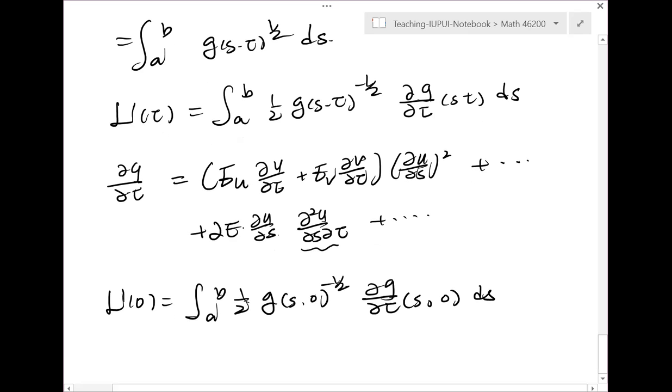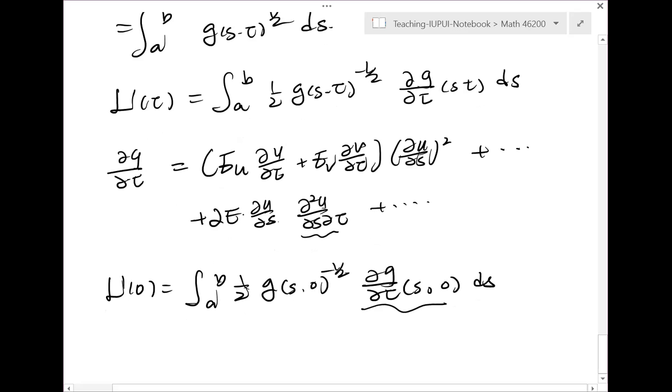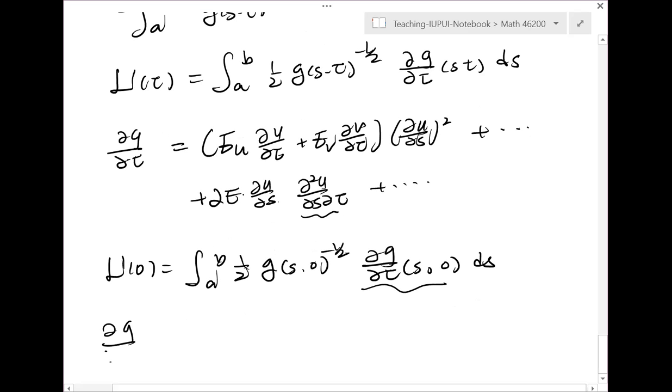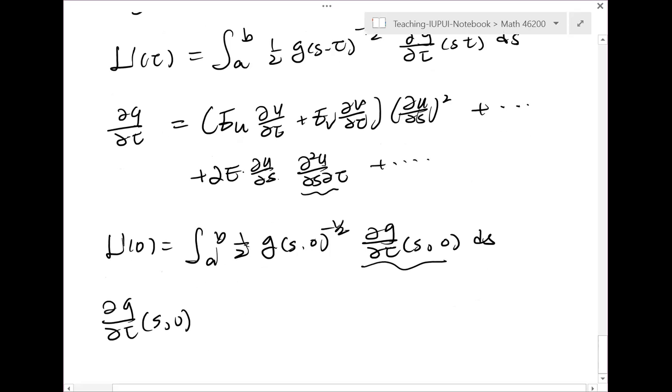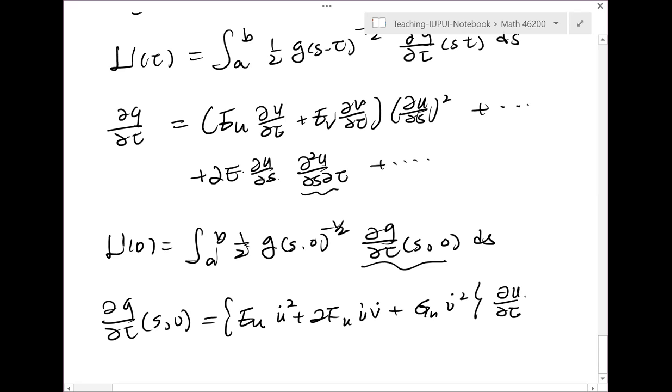So all I need is to set tau to 0. Let's go back to this. After summarizing, I collect all the terms here. So I get E U dot squared, 2F U dot V dot, plus G V dot squared. And that is evaluated at S and 0.